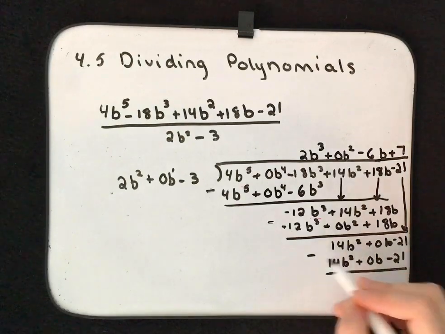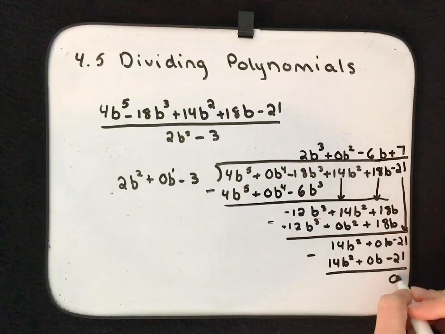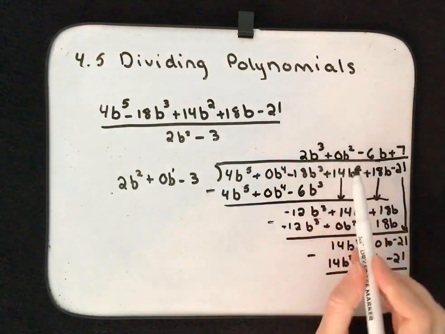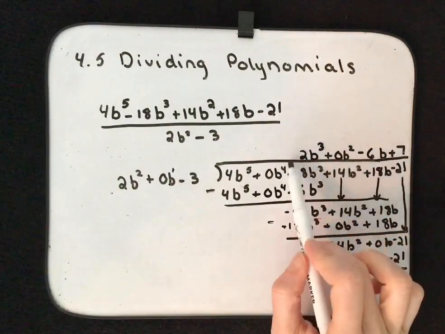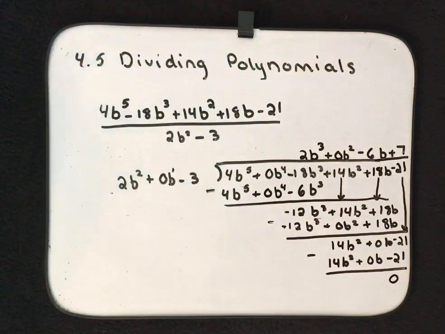Negative 21 minus negative 21 gives us 0. So no remainder, and that means this right here is our result from our division.